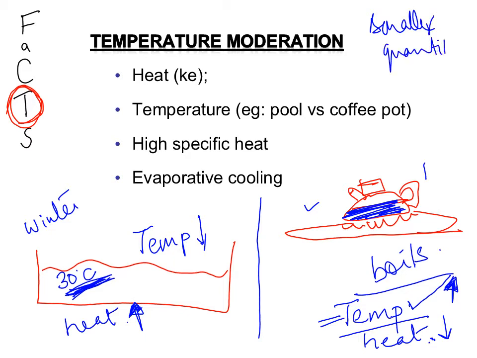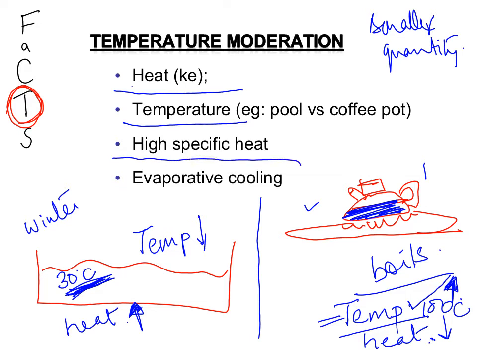Sure, smaller quantity, but the thing is the temperature is like 100 degrees here. So water has a very, very high specific heat. The point I'm trying to make is temperature is a very different thing from the amount of heat that is required. And water has a very, very high specific heat.